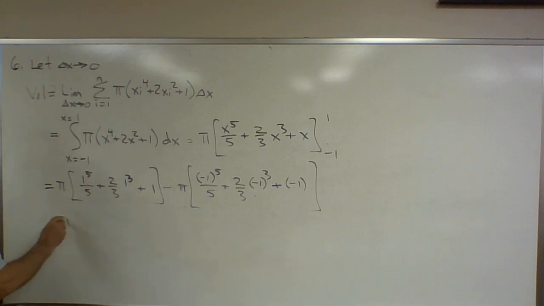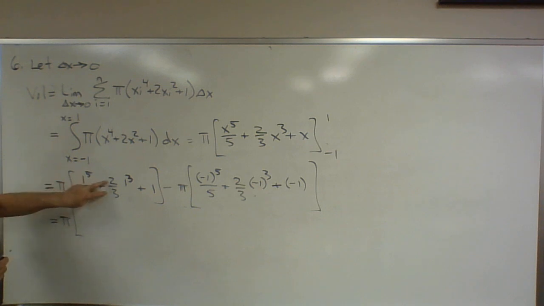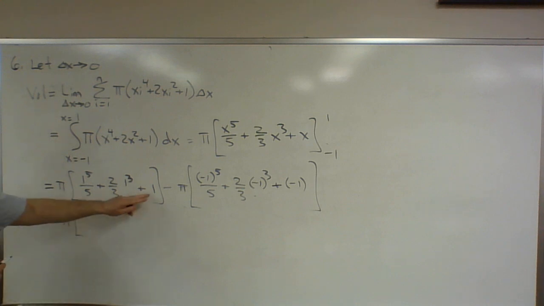So we're going to get pi times, let's see, a fifth plus a third plus 1. Okay, so 3/15 plus 10/15 plus 15/15.